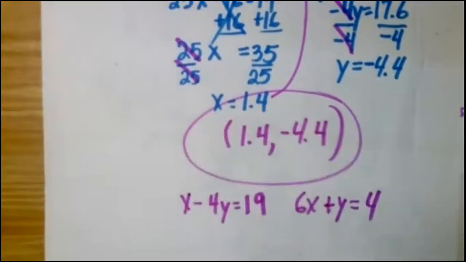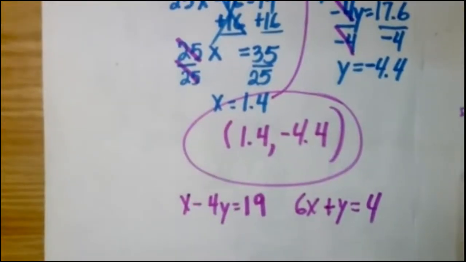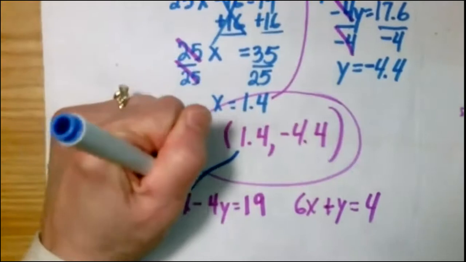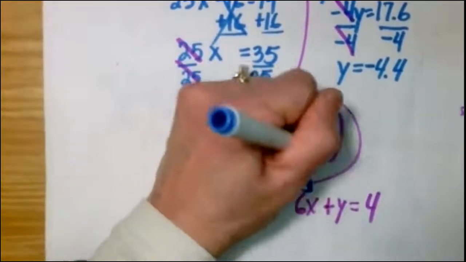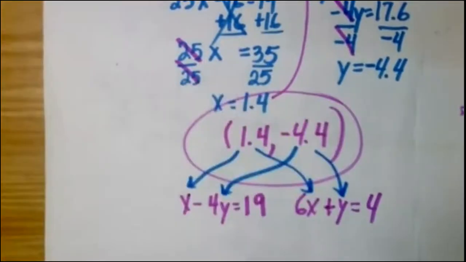The original problem, and I would just plug in 1.4 and negative 4.4 and solve, and I should yield a true statement. And if I yield a true statement, then I have the correct intersection point. Phew, that was a lot, wasn't it?